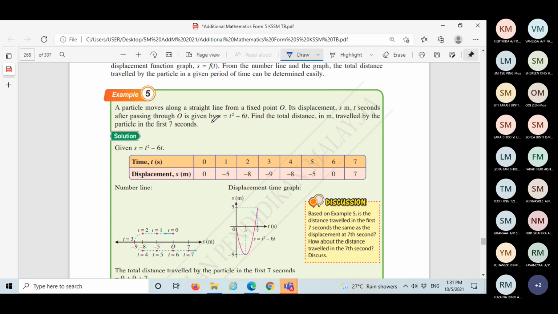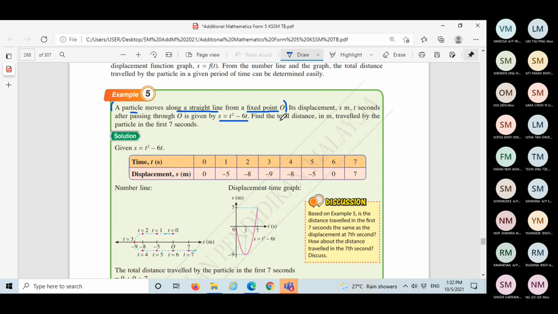Okay, one more example. This one is regarding the distance traveled. Like just now, I gave you one example for distance traveled. So you see this question: a particle moves along a straight line from a fixed point O. Again, the question always starts with this sentence. The displacement is given by this quadratic function.